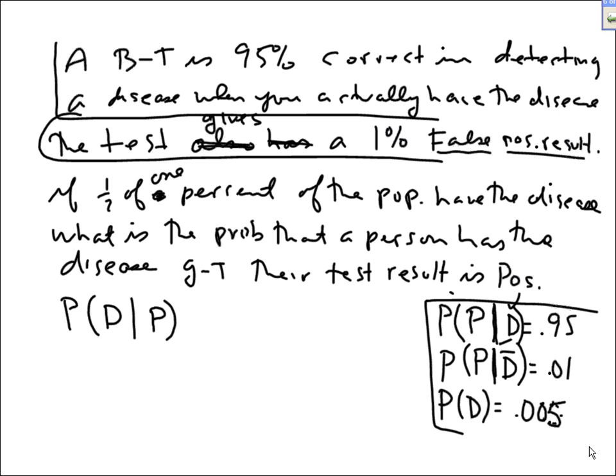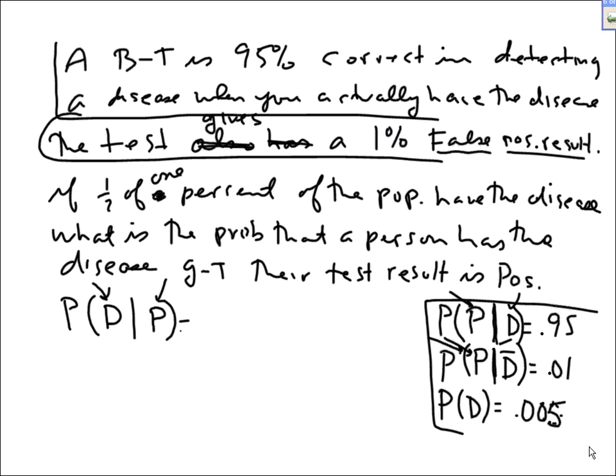And the front part talks about the test result, positive, negative. Over here, it's reversed. It's talking about whether or not you have the disease, given whether or not the test result was positive or negative.